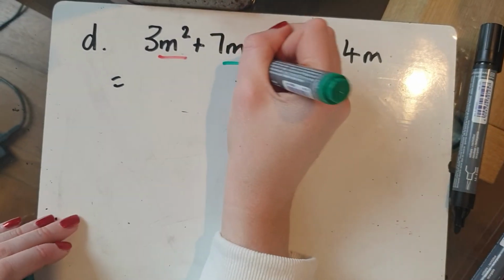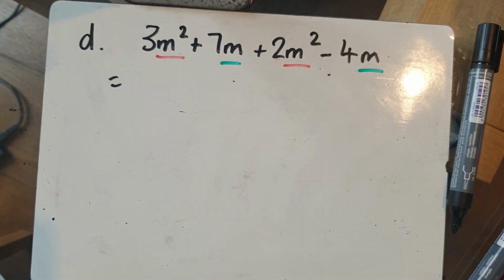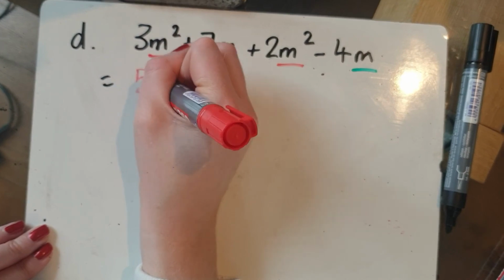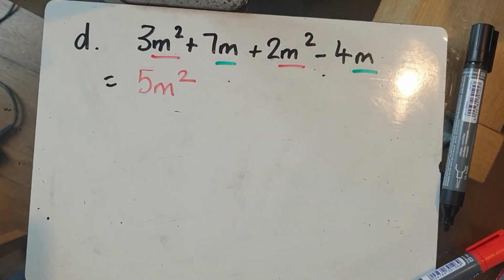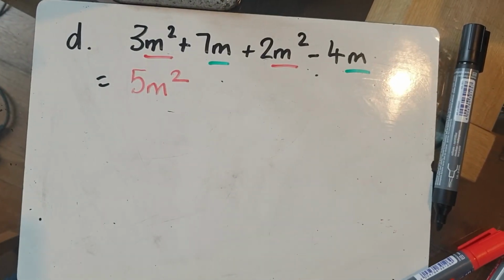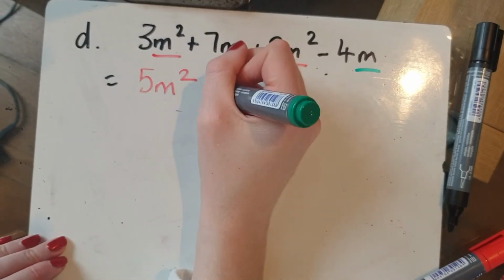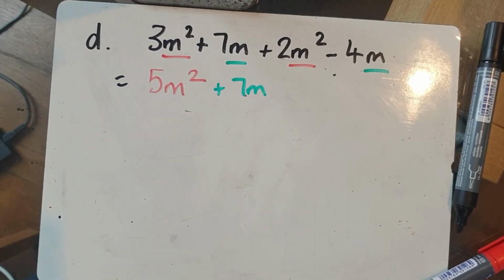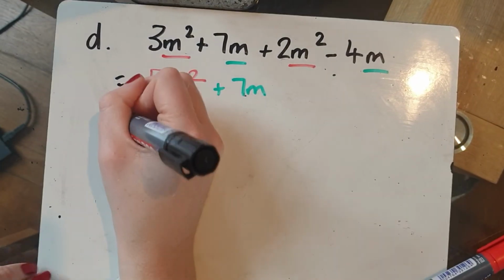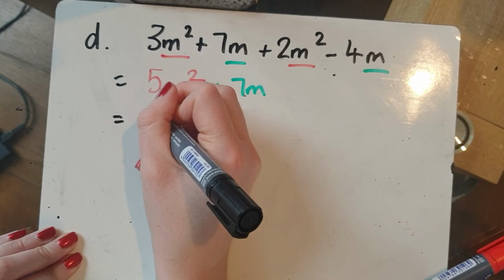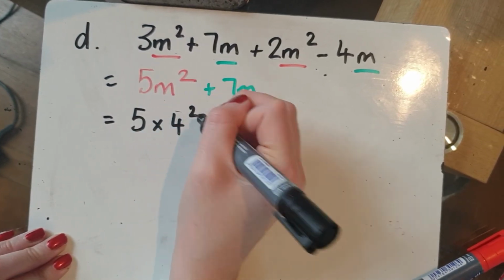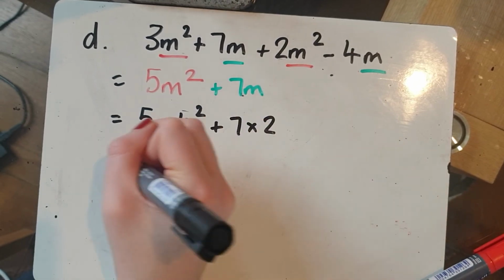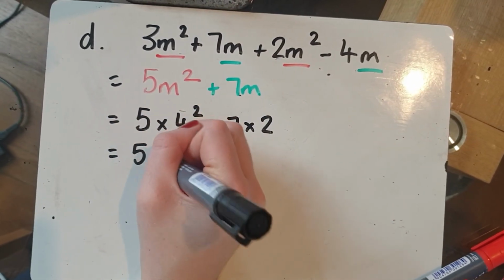This is m and this is m, so they are different. So we do 3m squared plus 2m squared. And then we do 7m minus 4m. And that is the simplified expression. Then, to evaluate it, we've got 5 times 4 squared plus 7 times 2, which gives us 5 times 16.